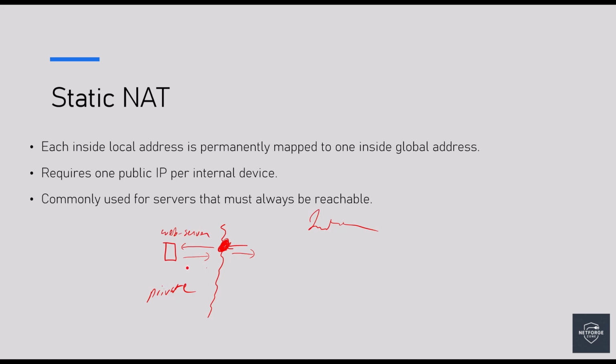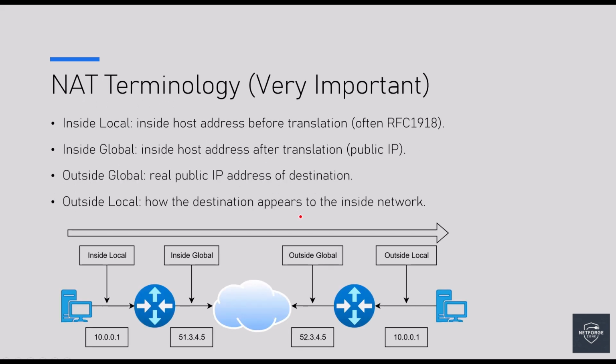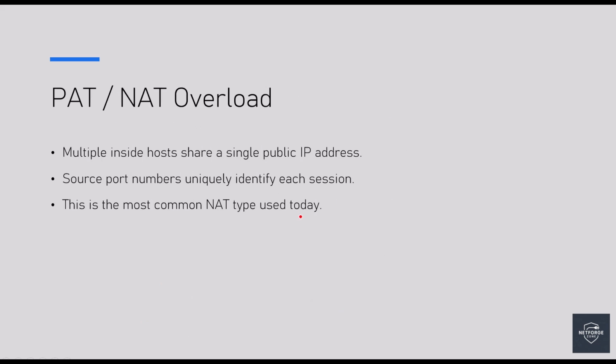The other thing is called dynamic NAT. Inside addresses are translated dynamically using a pool of public IPs. No port numbers are used, like I said, and the number of simultaneous users is limited by pool size. Pool means the range of IP addresses that we have available for translation. But PAT, like I said, is the one that we use a lot in our network.